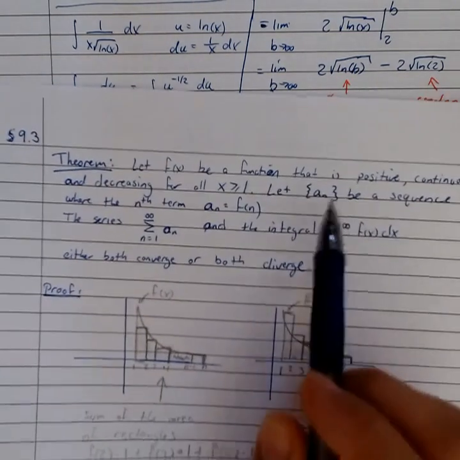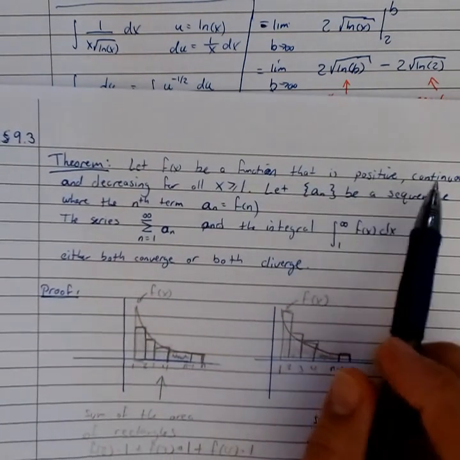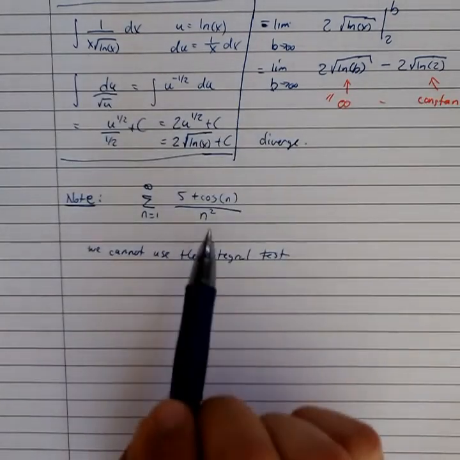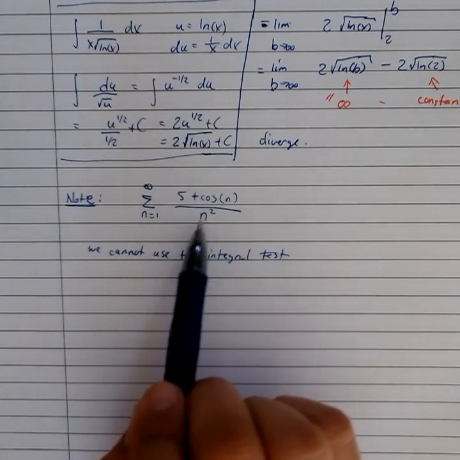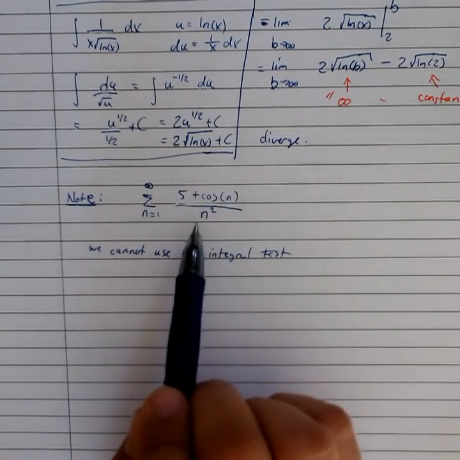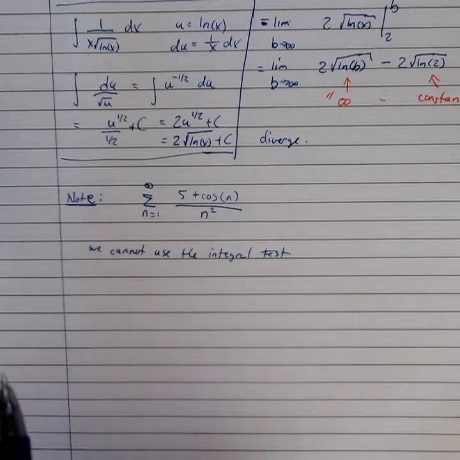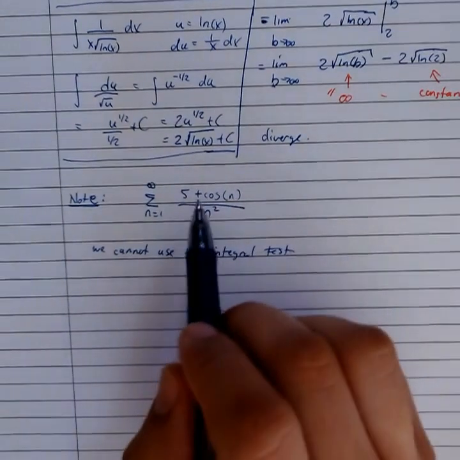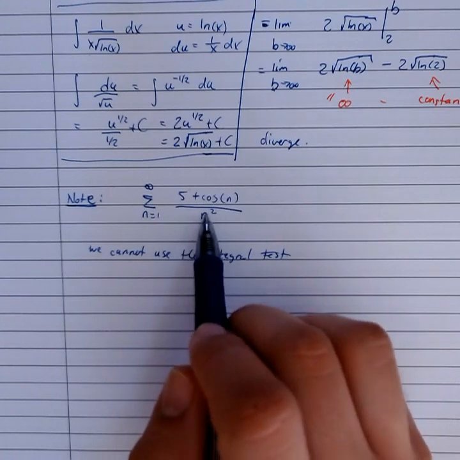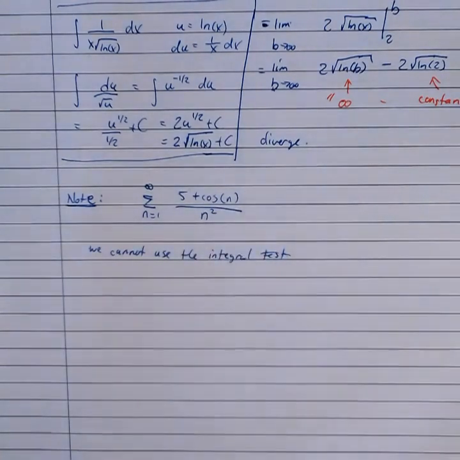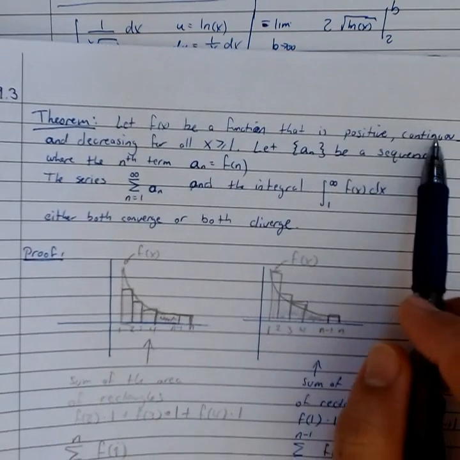My function is positive. Okay, no big deal there. Continuous. Well, cosine is continuous, and polynomials are continuous and squared. And if you take something that's continuous over something else that's continuous, that would be continuous as well. So the continuous function 5 plus cosine of x over x squared, yeah, that would be fine.